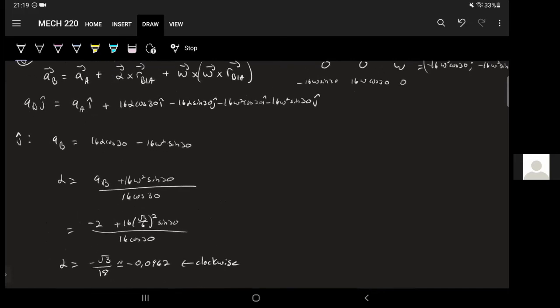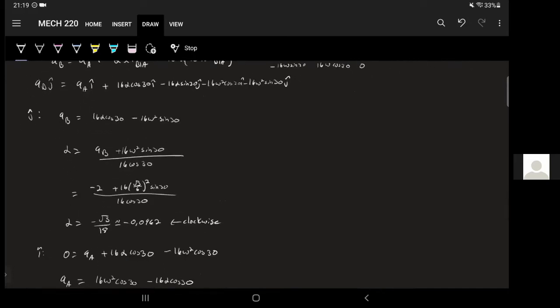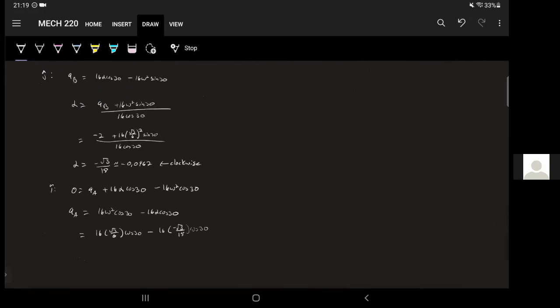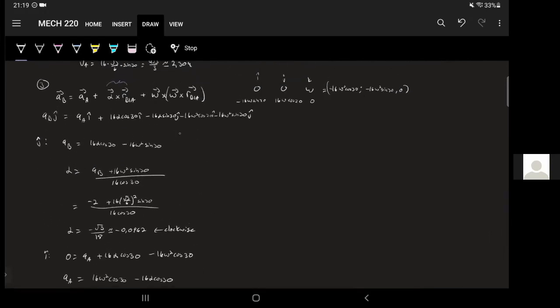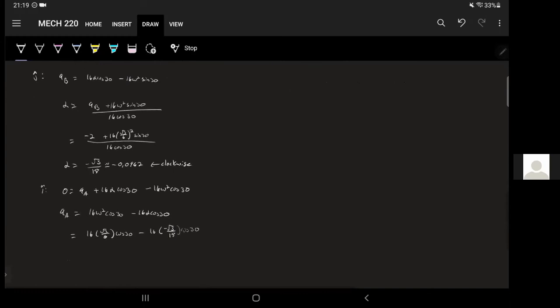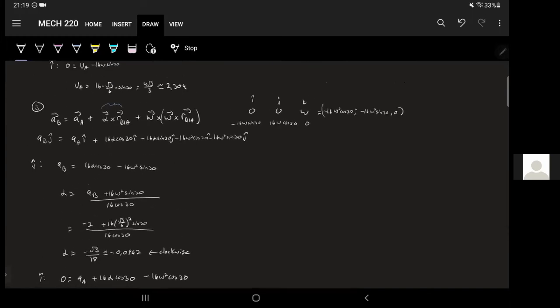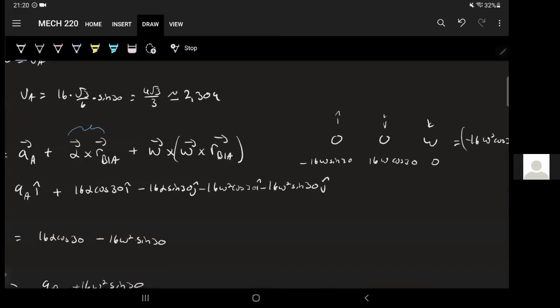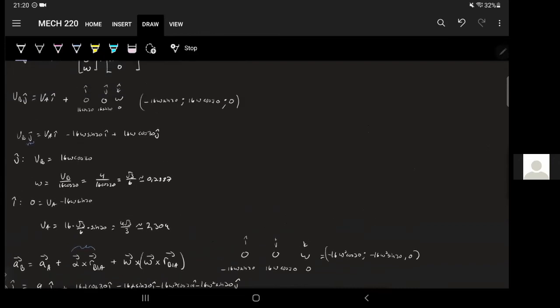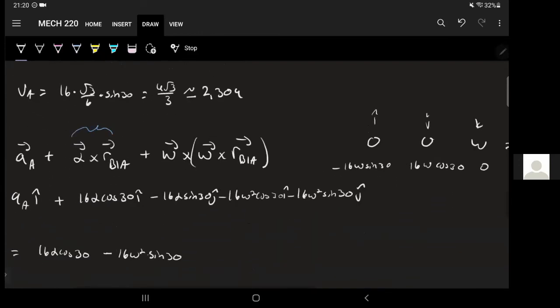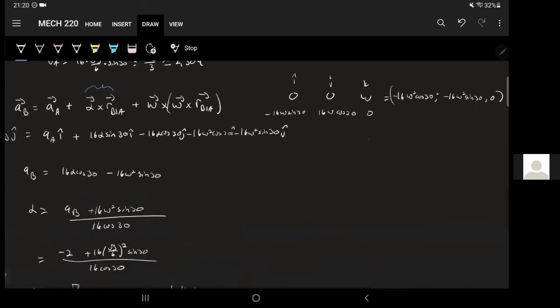Okay, and I think I made a mistake here when adding my I-hats. Okay, yes, I found the mistake here. This should have been like before. This should be sine and cos. And now everything makes sense. So I already had a good one here, so it's okay.